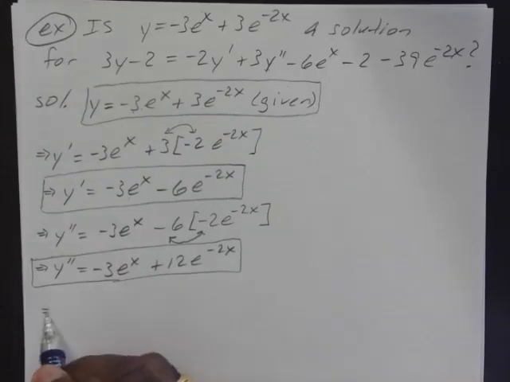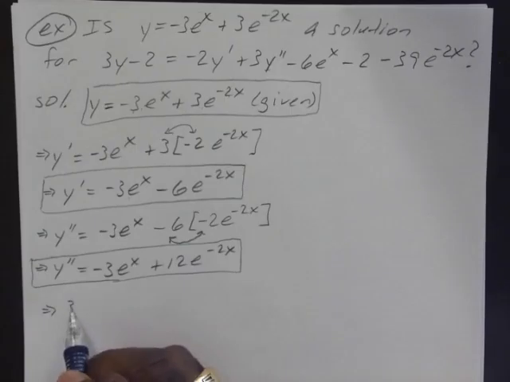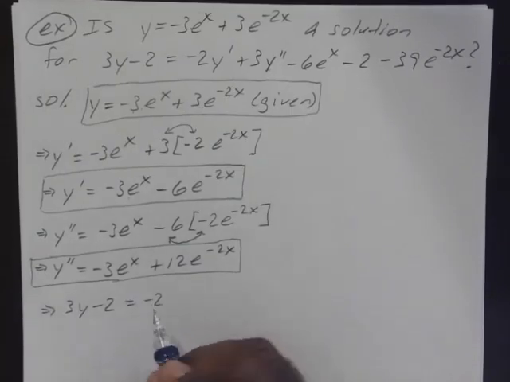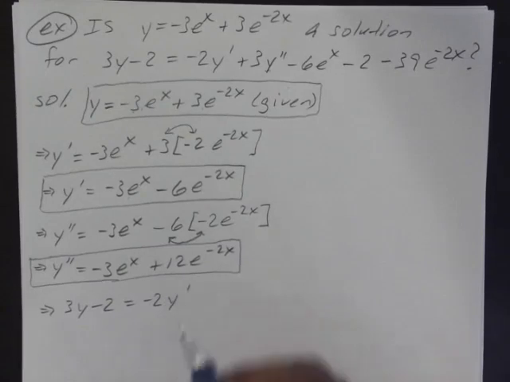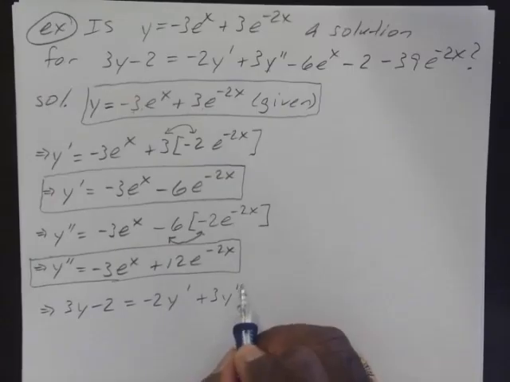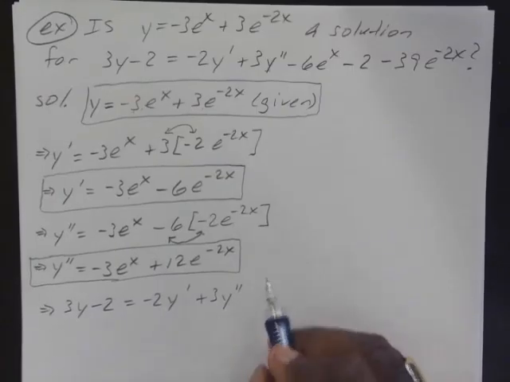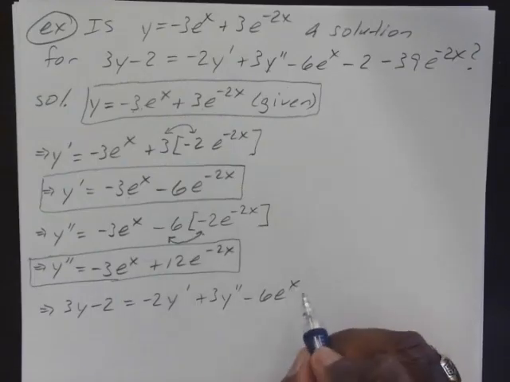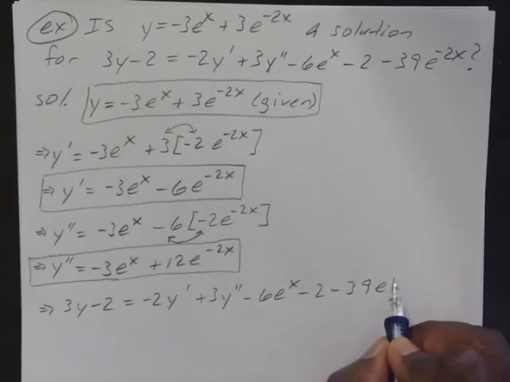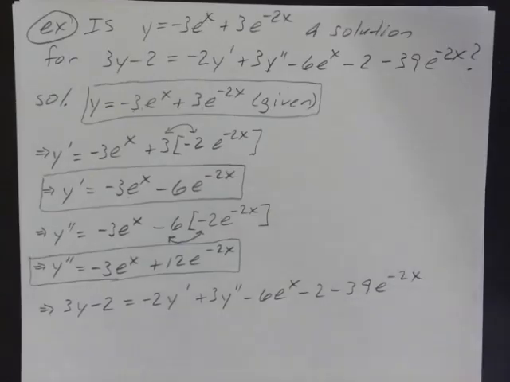Okay, so now we can just go ahead and plug it in. So 3y minus 2 is equal to negative 2 times y prime plus 3 times the second derivative of y minus 6 times e to the power of x minus 2 minus 39 e to the power of negative 2x.